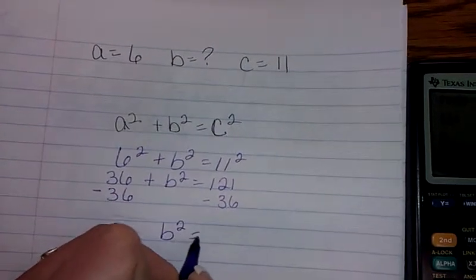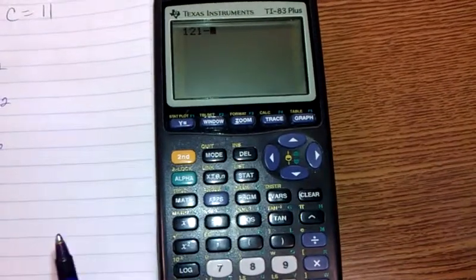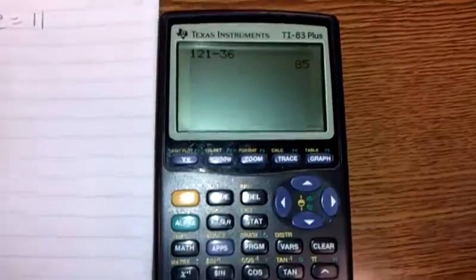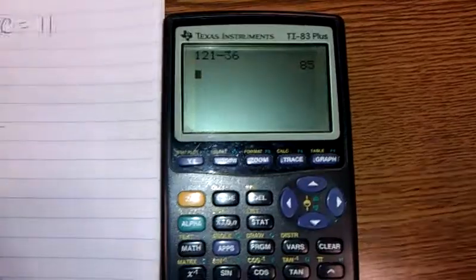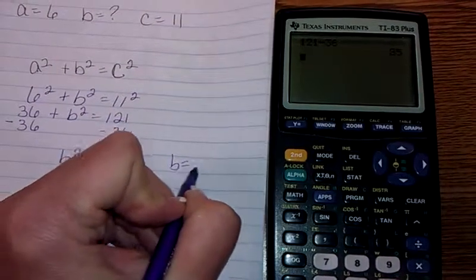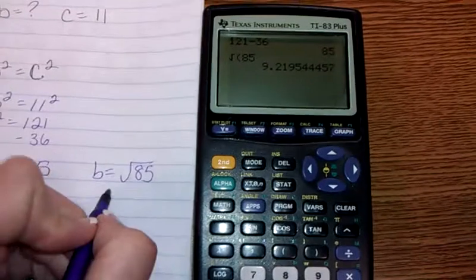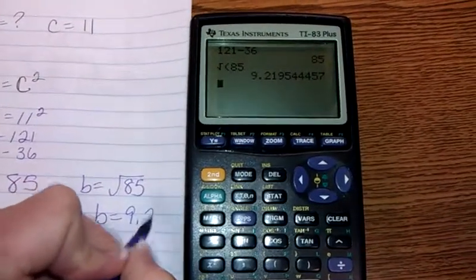B squared equals 121 minus 36. I have 85. B equals the square root of 85. So B is 9.22.